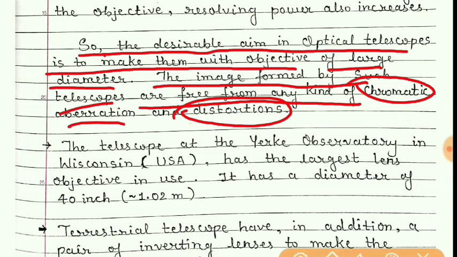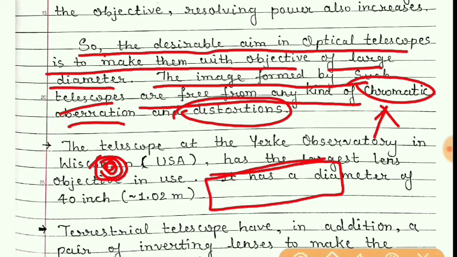Now students, chromatic aberration means that when we observe any object, sometimes we observe some circular colored rings around the object. Try to observe a tube light or a bulb with the help of a transparent scale. You will find that the tube light or bulb has some color shades around it.